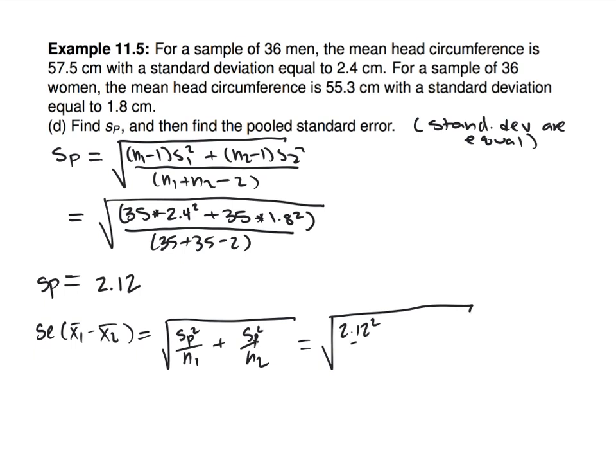So 2.12 squared over 36, and the root of that comes out to be 0.4997, which is so awfully close to what we had in the previous problem.